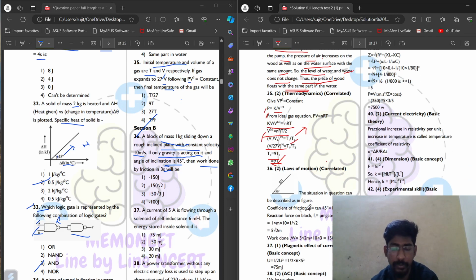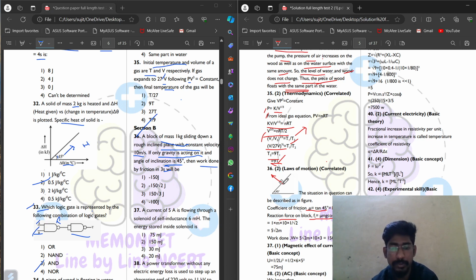First of all, the coefficient of friction is given by the formula mu equals tan theta. Calculate the mu, that is the coefficient of friction. Mu is calculated, right? And the reaction force on the block is given by the formula. This is the reaction force R, or sometimes it is said N, right?